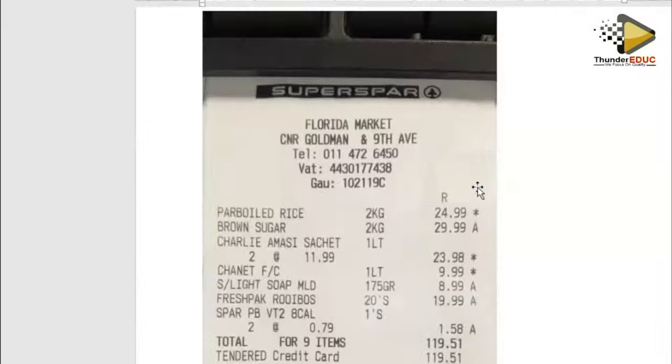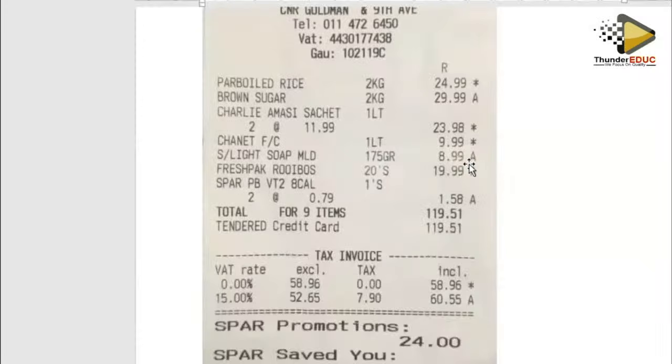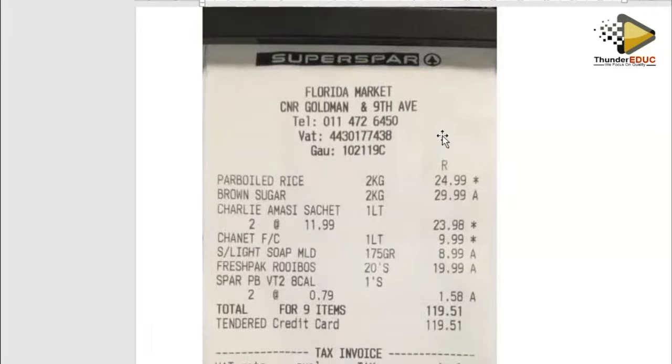When you take a look at this slip, let's analyze it. It was taken from a certain shop. That's the name of the shop on top, and the location of the shop, the address, is there.